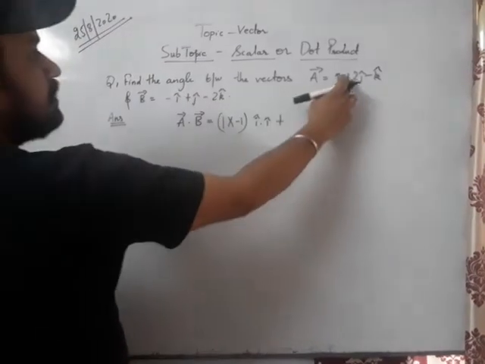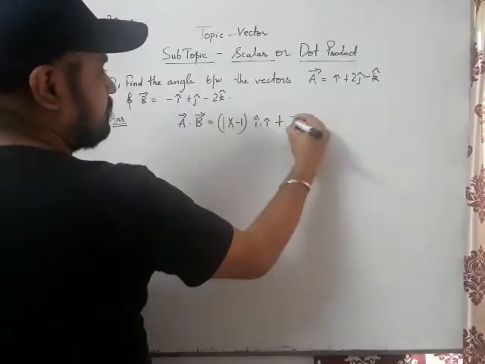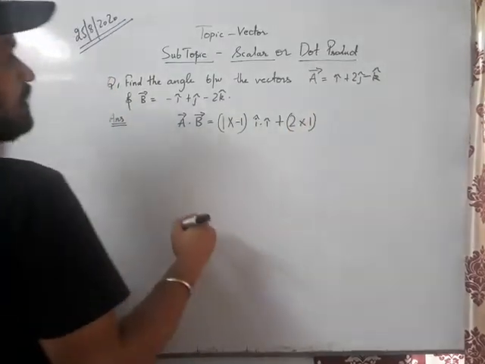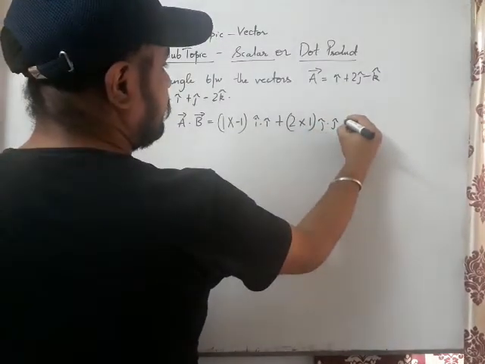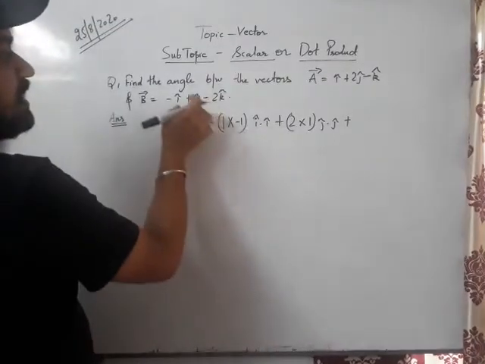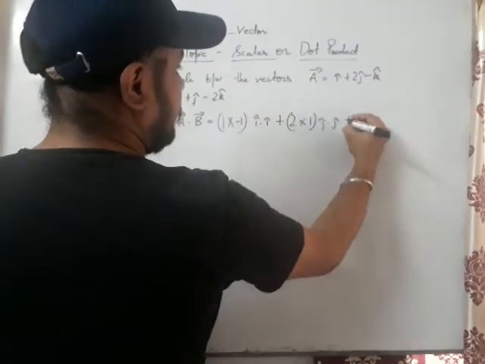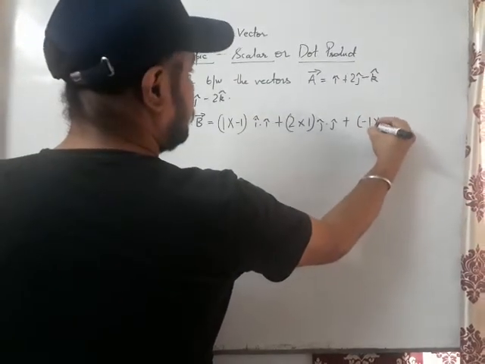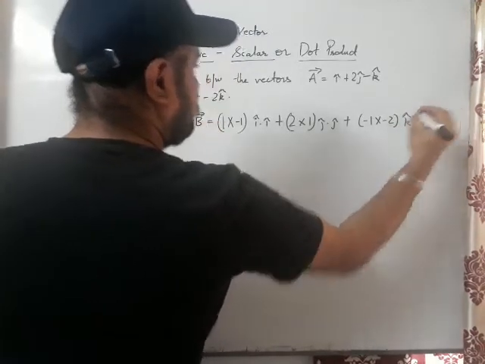Now second is 2 and j, 1, that is 2 into 1, j dot j. Coefficient means scalar multiplication is going on side by side, the direction multiplication is going on, and in the last step minus 1 into minus 2, k cap dot k cap.